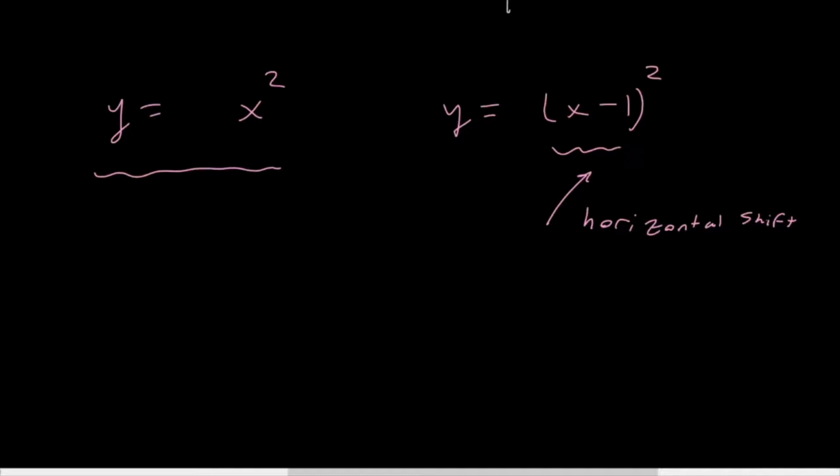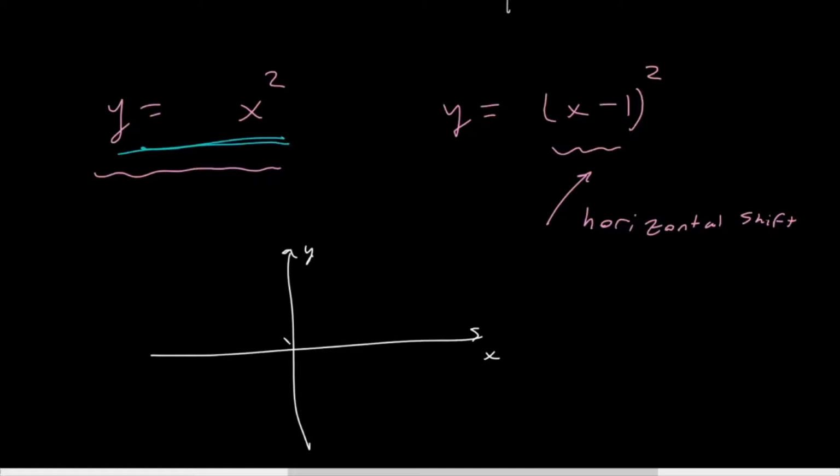So let me graph these two. I'll show you exactly what's happening. I'll graph this first one in cyan. I'll underline it in cyan. So we just have our parent function x squared, just our normal parabola. And this guy will be shifted 1 to the right. I'll graph this one in bluish.